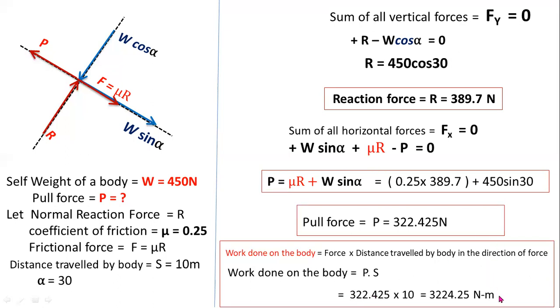One Newton meter is also known as joule. 1 joule equal to Newton meter. This is the answer for this problem.